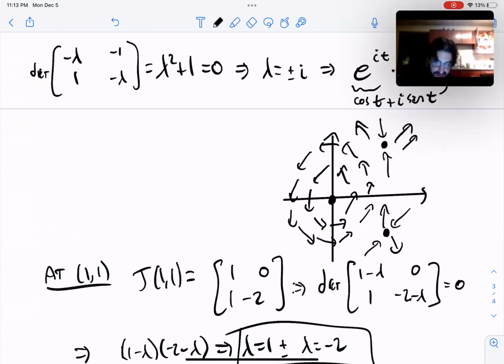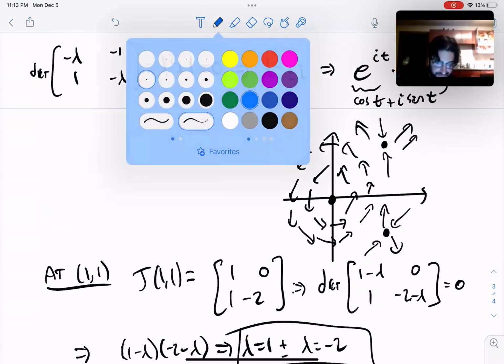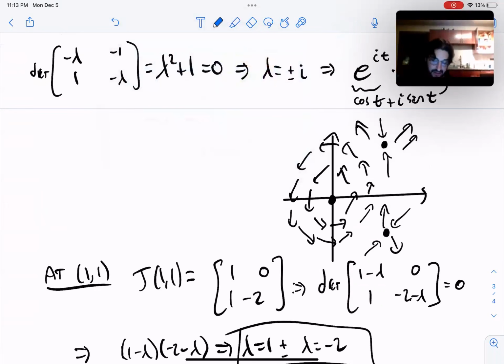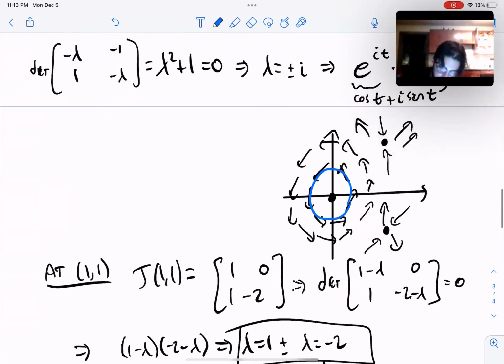Then from there, it's just stitching everything together, and like I said, stitching it together qualitatively, right? These have one of each. There we go. So that's what the phase plane looks like.